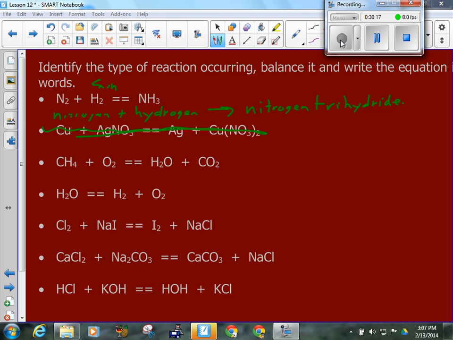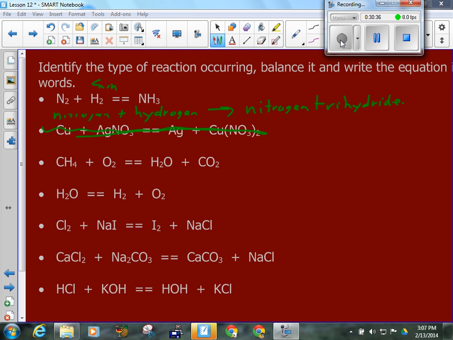Hydrogen, right? There's 3 hydrogens over here. There's 3 on this side, but there's 2 on this side. And I need to make sure there's the same amount on both sides. What's the lowest common multiple of 2 and 3? 6, right? The lowest common multiple of 2 and 3 is 6.